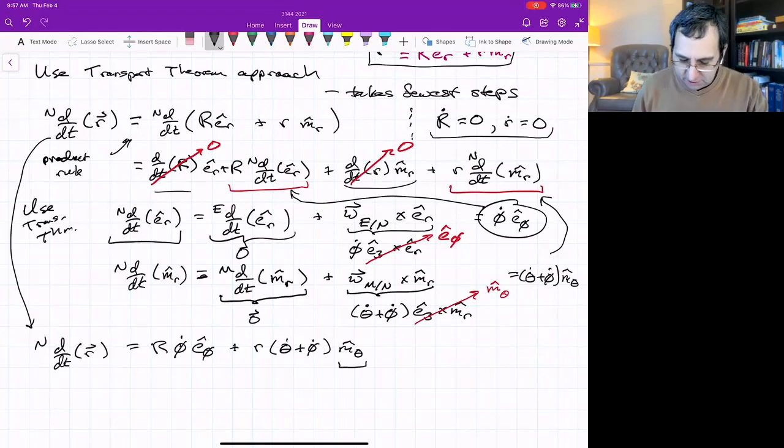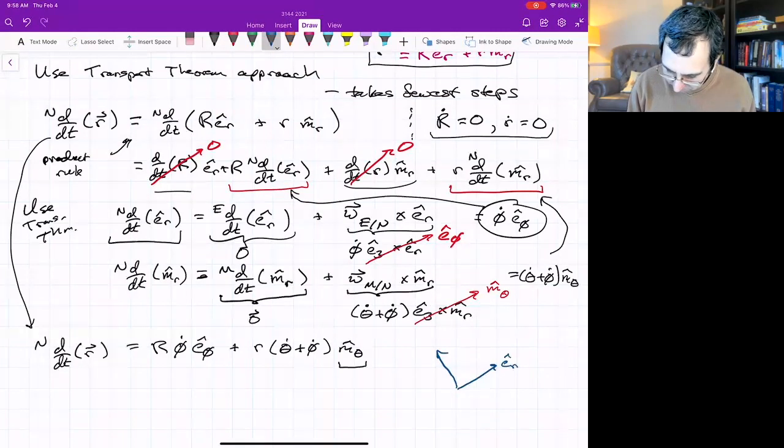For consistency, though, I ask you to put everything into the E frame, which means we need to write this M theta unit vector in terms of the E frame. And if I were to plot, let me just schematically put the E frame.